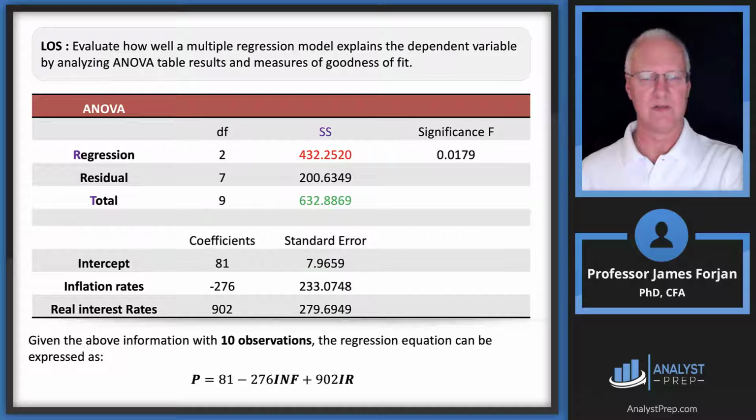You might remember that this analysis of variance produced this equation down at the bottom: the dollar price index is 81 as the intercept. The inflation rate is 2.76 with a negative sign in front of it. The real interest rate is 9.02 with a positive sign in front of it.